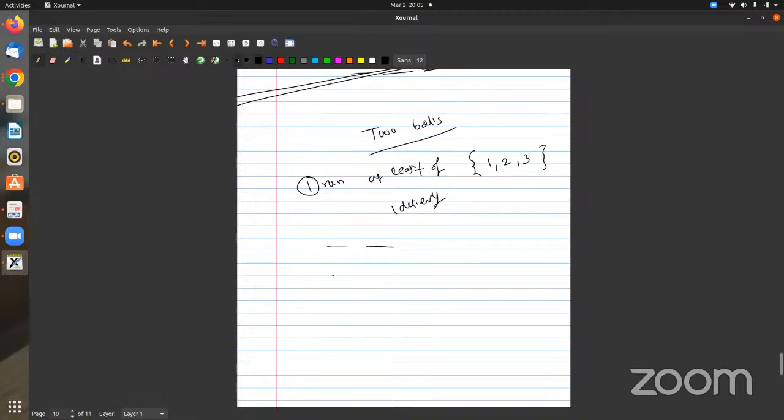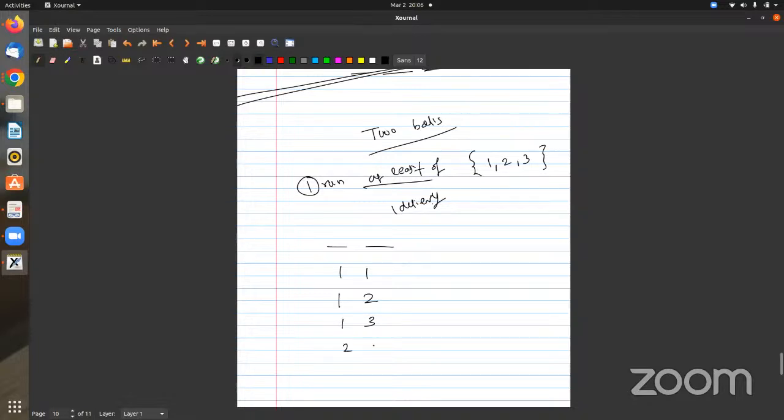Maybe we'll write down all the possible cases. At least 1 means what? I can have 1, 1, right? 1, 2, and 1, 3. That's it with 1, right?